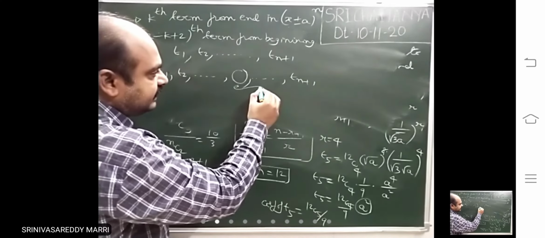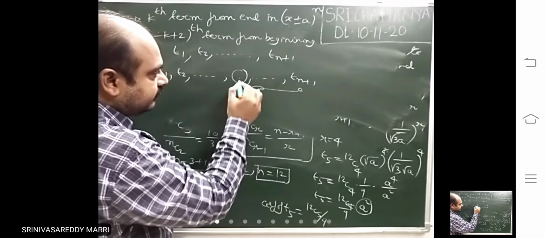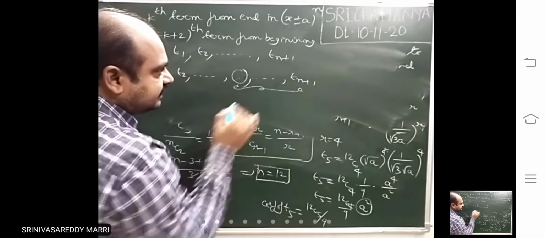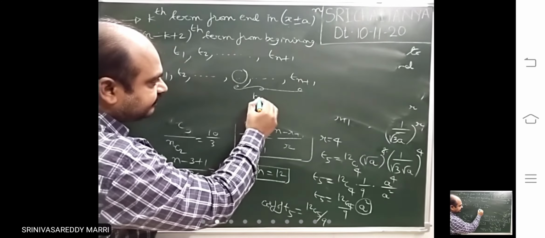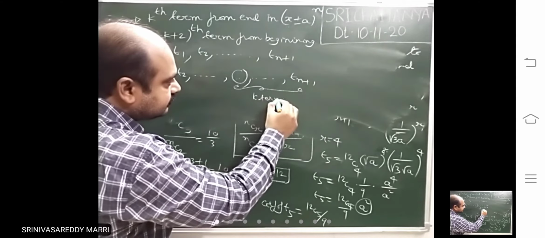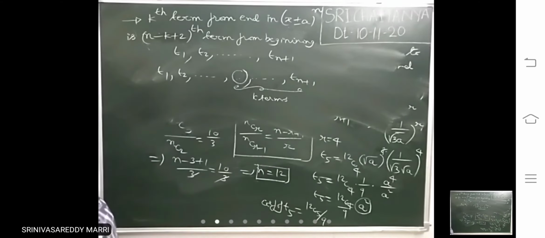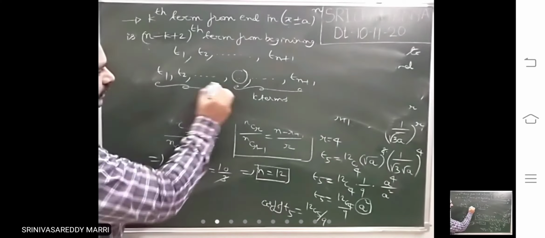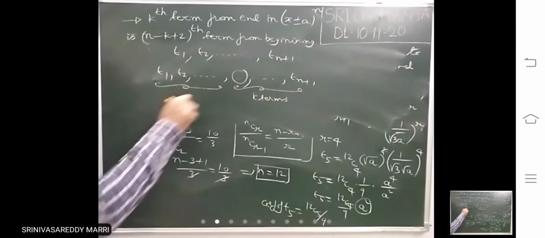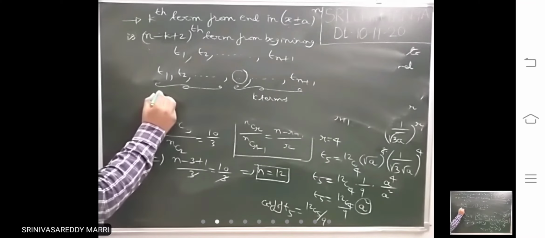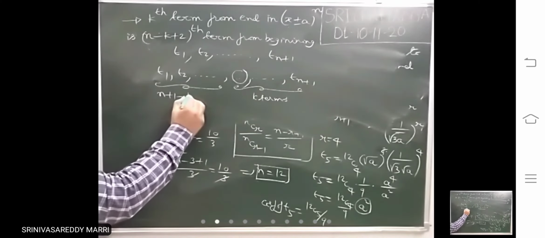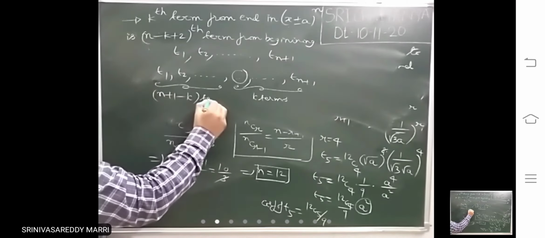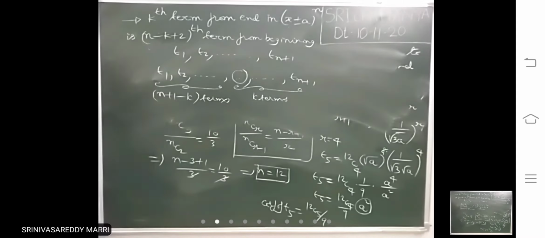So till here, how many terms will be there? From the circle to the end, k terms will be there because it is the kth term. Totally n plus 1 terms are there, so before the circle, n plus 1 minus k terms will be there.